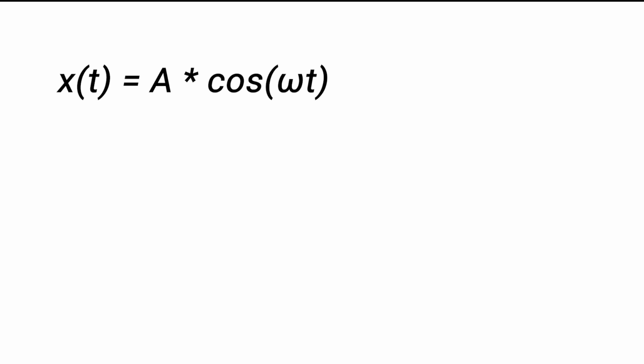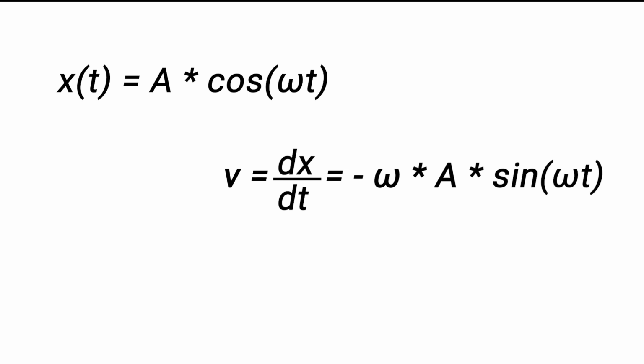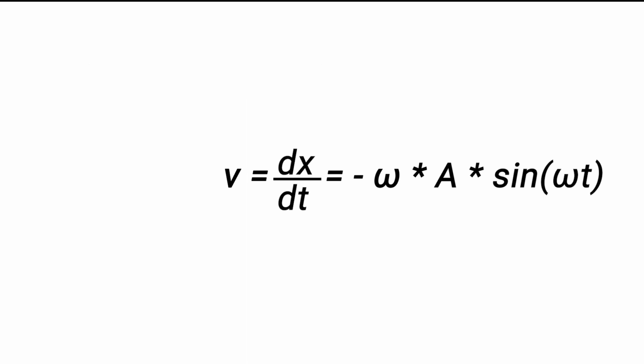Deriving this equation would mean that it is dx, or d displacement, over d time. This would equal negative angular velocity times A, amplitude, times sin of angular velocity times t. This again is the equation for the velocity, which we can also later turn into the acceleration.